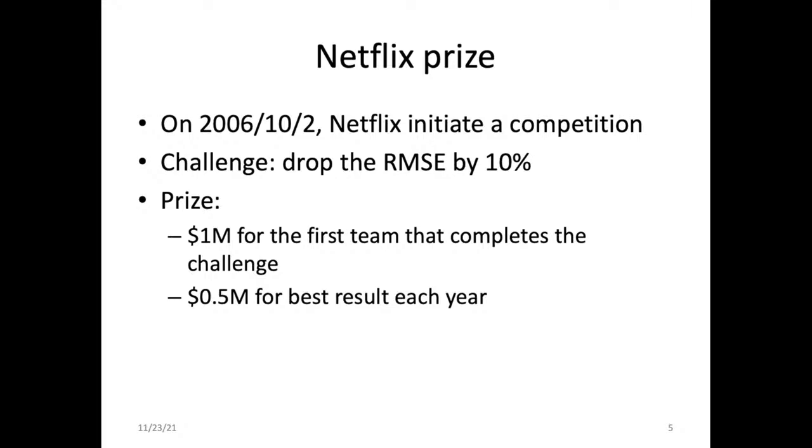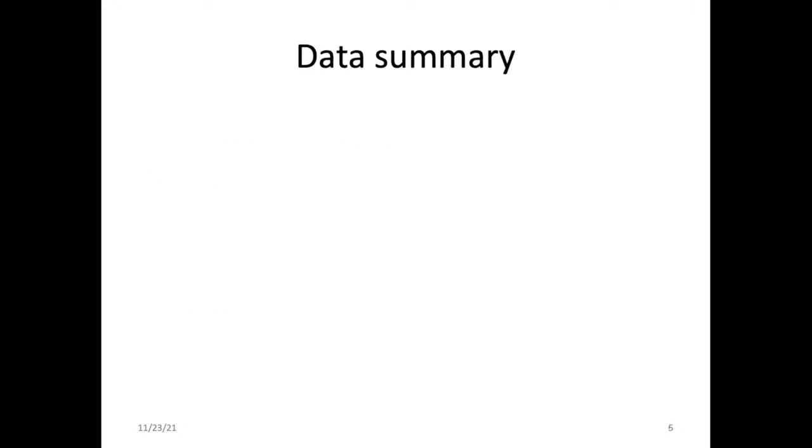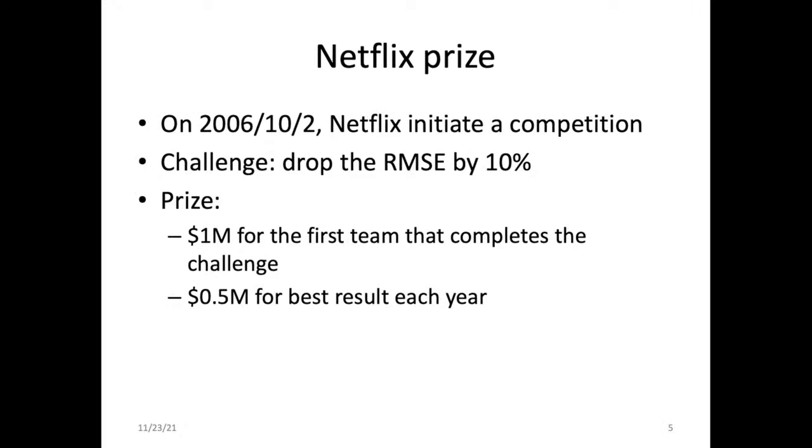If after 1 year nobody reached this criteria, the first team of that year can still get 0.5 million. It turns out that it took 3 years for the first team to reach this criteria, so this competition lasts for 3 years.